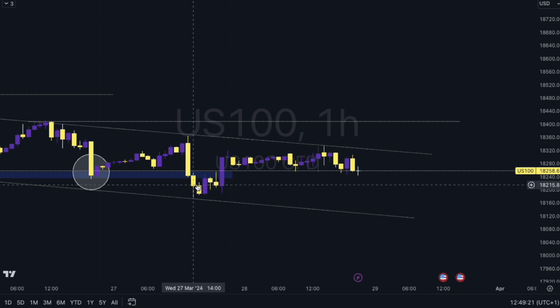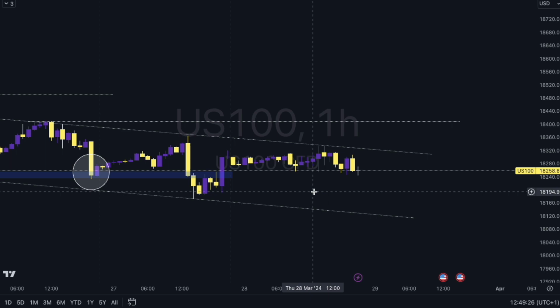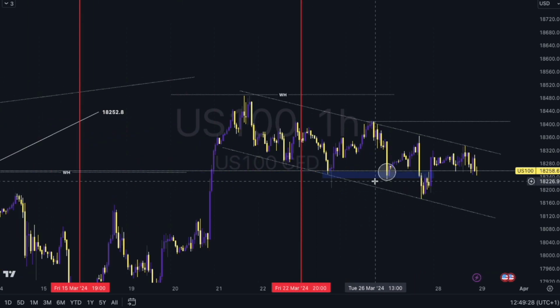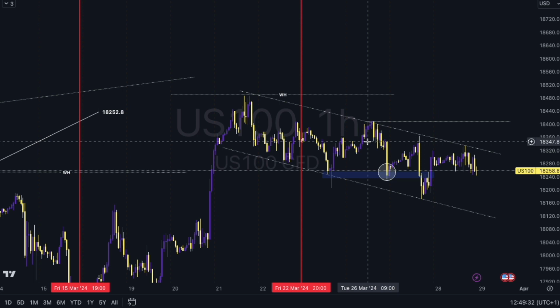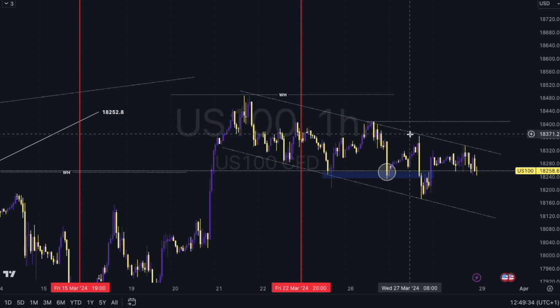I waited for the second hour, so somewhere in here was where I closed it. Did I regret closing it? No, I don't, because I didn't want to be in this. I just closed it and set some alerts at certain key levels. My first alert was at this level right here, and that didn't go off, so we didn't do anything. One trade, one loss, such is life.